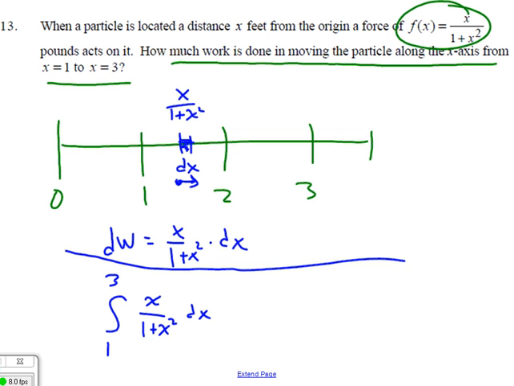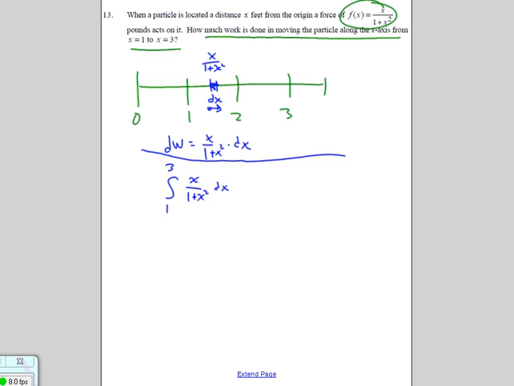While I haven't been solving many of these integral problems, let's just do this for sake of review. We can add a 2 there and a 1/2 there. And we're doing that because now the top is the derivative of the bottom. So therefore, we're going to be using ln. So this equals 1/2 the ln of 1 plus x squared evaluated from 1 to 3.